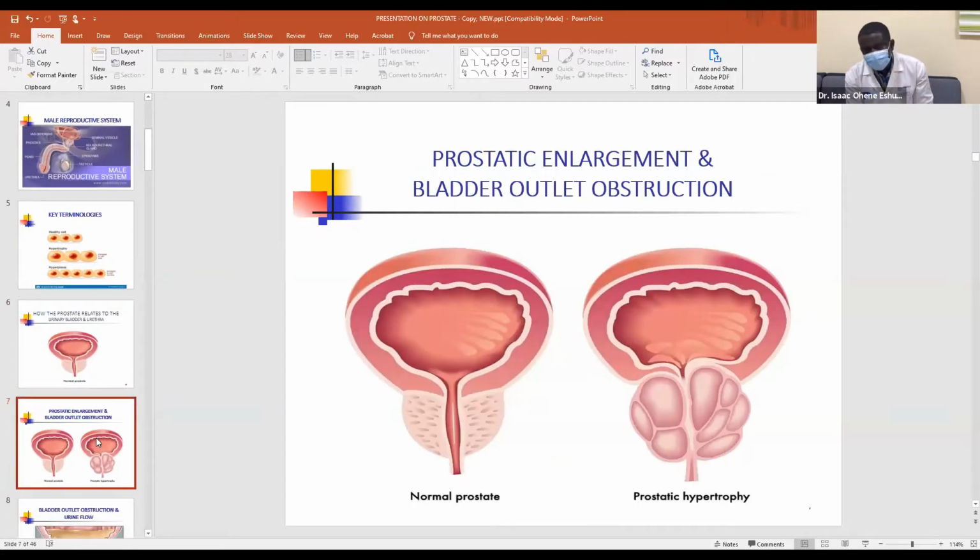Now, from the terms we described earlier, this is a hypertrophic cell. So we are looking at a normal prostate cell and a hypertrophic prostate cell. As the cells increase in size, they also impinge on the tube. They block the tube that is meant for urine drainage.